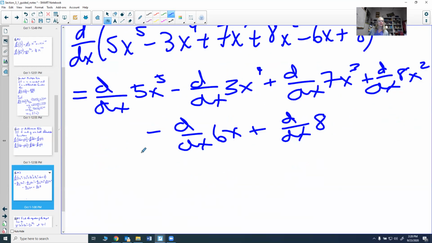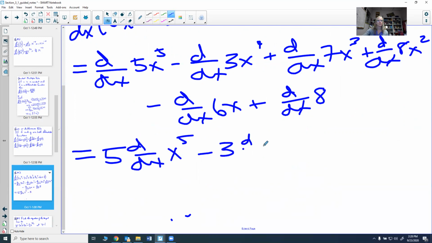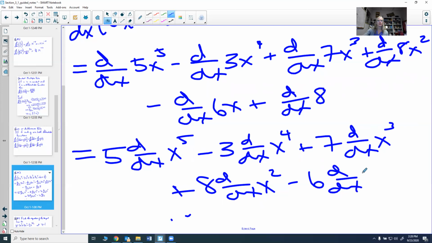Now I can use the constant multiple rule that says I can bring those constants out in front. So I'm going to bring all the constants out front. Now I can do all these derivatives.